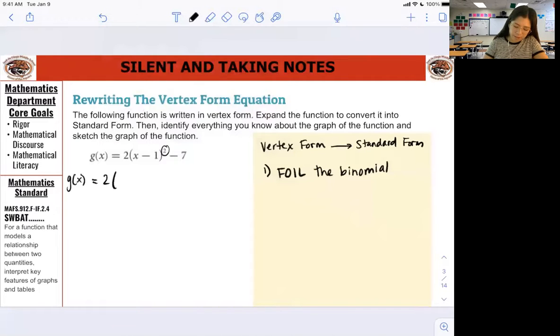So I'm going to write it as x minus 1 times x minus 1. Wait, Miss, wouldn't it be x plus 1 then? Nope. I'm just taking what I have and copying and pasting it times itself.